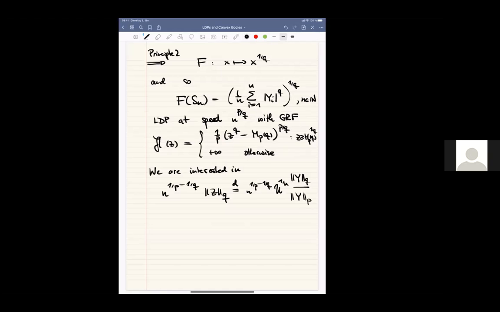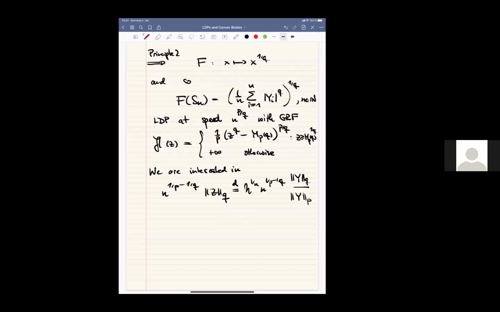Let me write it the other way around: U to the 1 over n, and n to the 1 over p minus 1 over q.